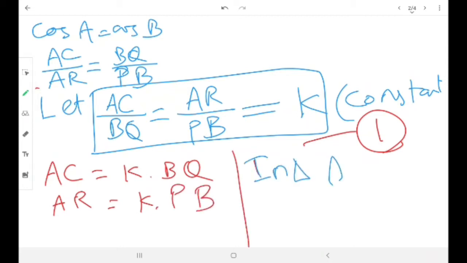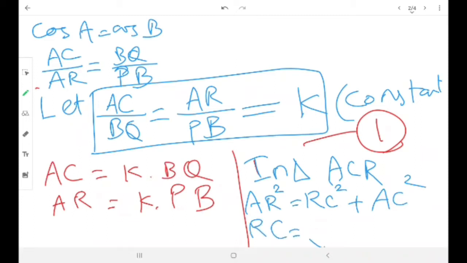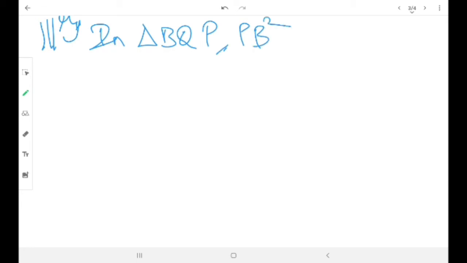In triangle ACR, we have to use Pythagoras theorem. AR square is equal to RC square plus AC square. Therefore, RC will be equal to root of AR square minus AC square. Similarly, in triangle BQP, use Pythagoras theorem. BP square is equal to PQ square plus BQ square.